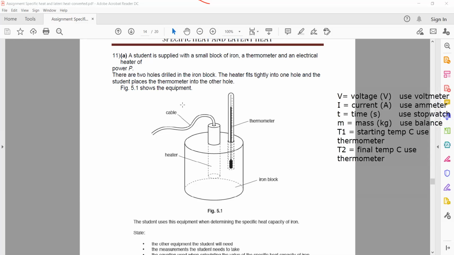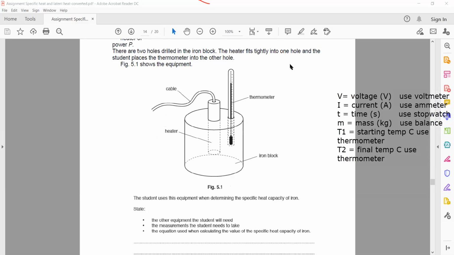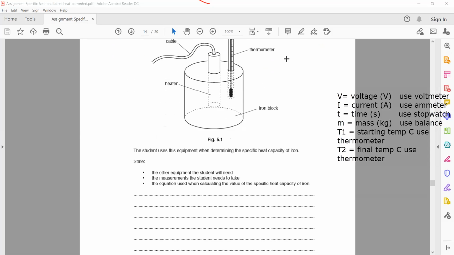This is a piece of iron. Two holes are drilled. The heater fits tightly in one hole, and the student places a thermometer in the other hole. Figure 5.1 shows the experiment. The student uses this equipment when determining the specific heat capacity of iron.